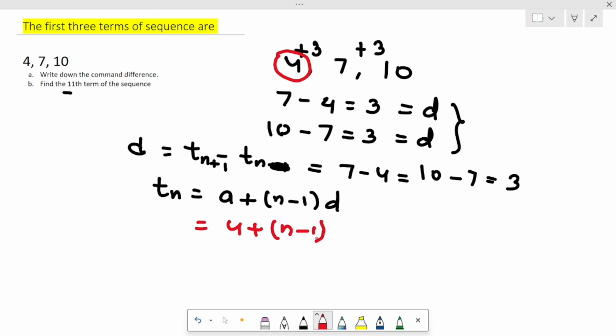I am writing n first just to explain how to find the nth term, and D is the common difference, which is 3. So this is our Tn.